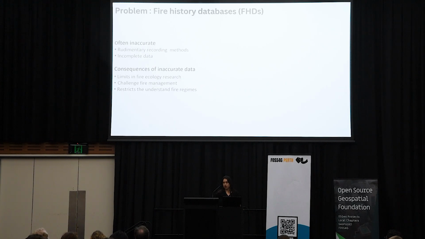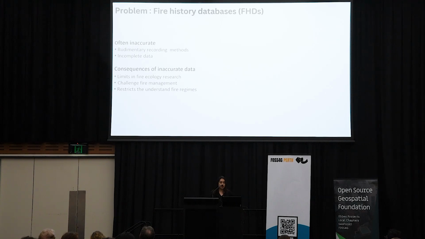So one of the examples is that because of the involvement of numerous government agencies being responsible for recording and registering those data sets, the number of inconsistencies across the years and the locations in the state is quite large.